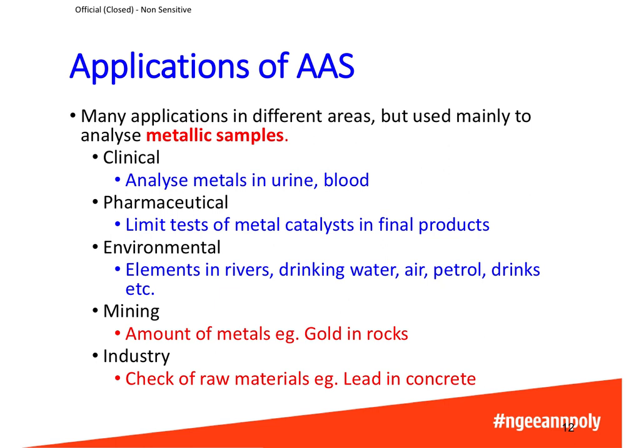For example, it is very common to test for sodium or potassium levels in the blood. In the pharmaceutical sector, AAS can be used as a limit test for metal catalysts in final products. For environmental applications, AAS can be used to test for metallic elements in rivers, drinking water, in the air, in petrol or drinks, etc.